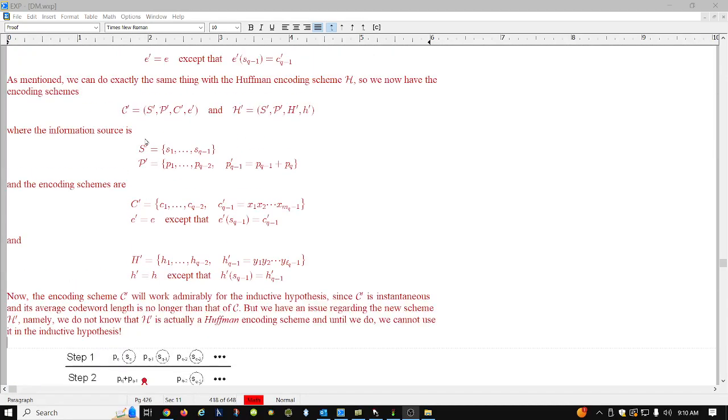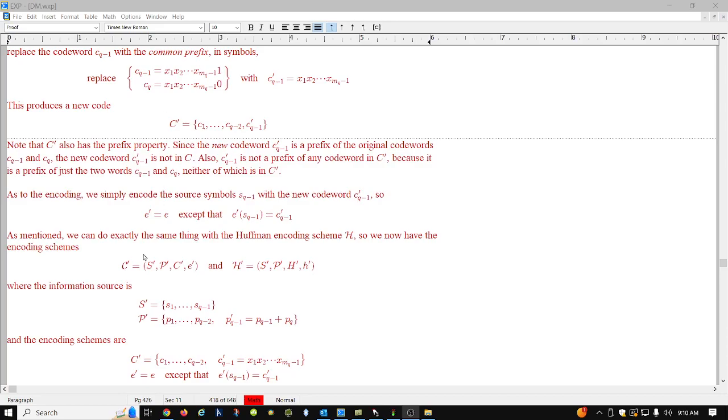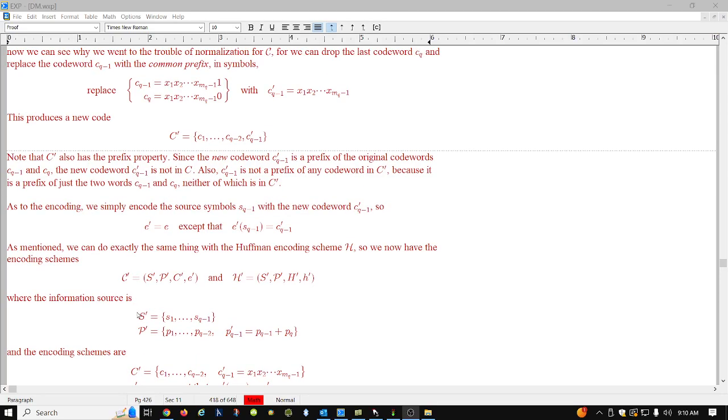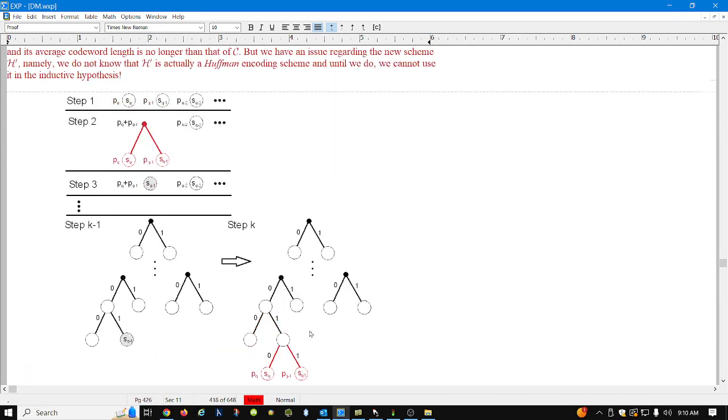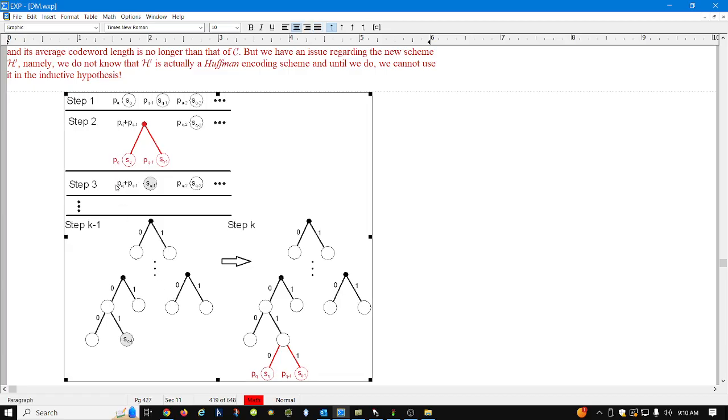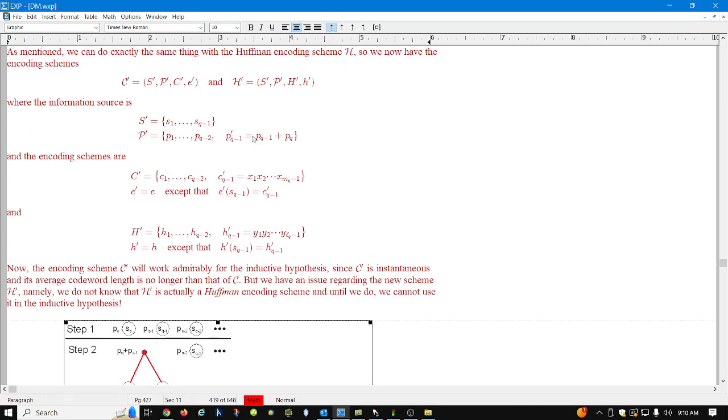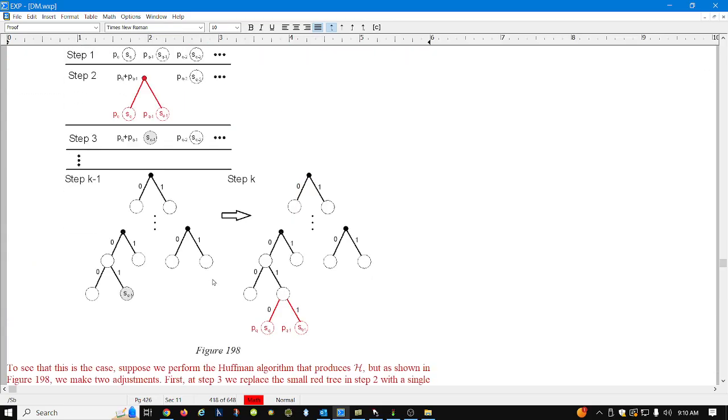Well, that's exactly what we did here. We took away SQ. And if we just go from step 3 to step k minus 1, it's also for a different probability distribution, because the first probability here is PQ plus PQ minus 1. Well, that's exactly what we've got here. Okay.